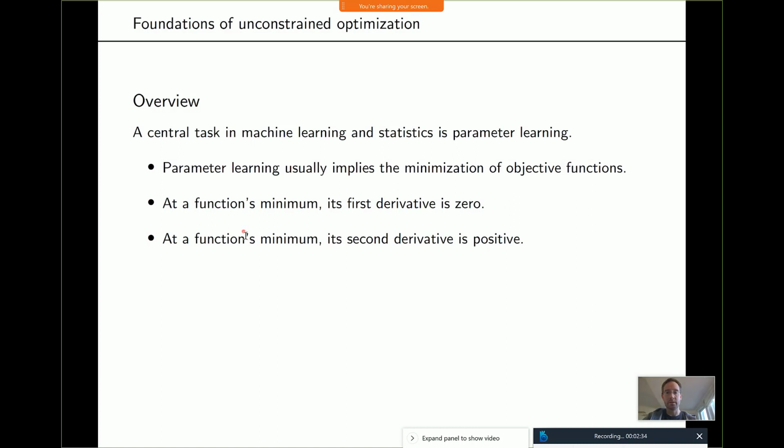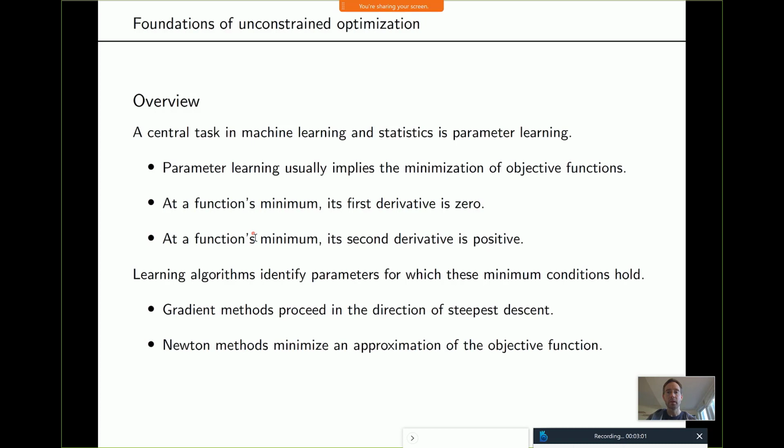And then we discussed some criteria for finding solutions in optimization problems, and these are criteria that you know from school. At a function's minimum, its first derivative is 0. That's how you find minima in school math or high school math all the time. And also checking the second derivative will help you to evaluate whether it's really a minimum.